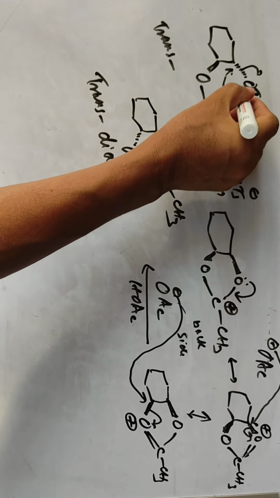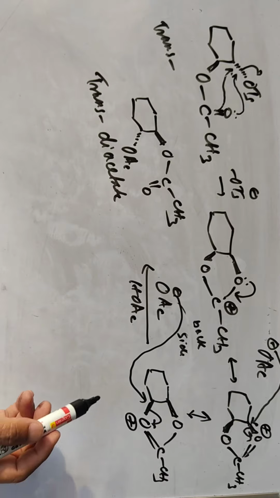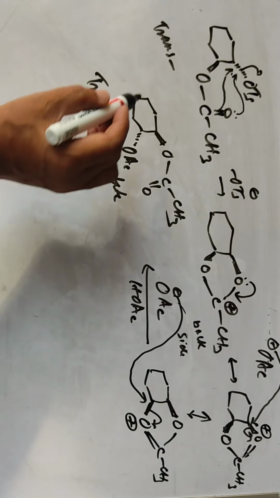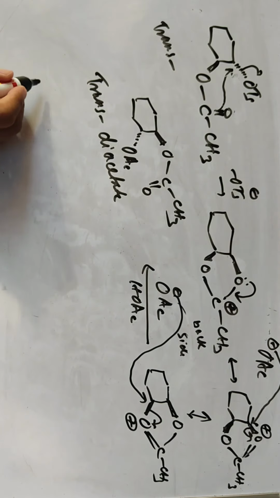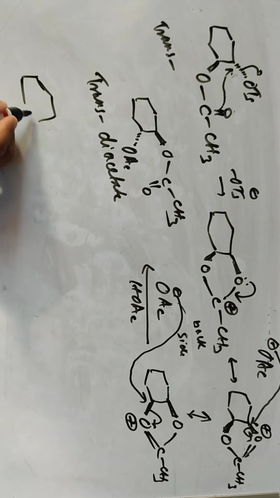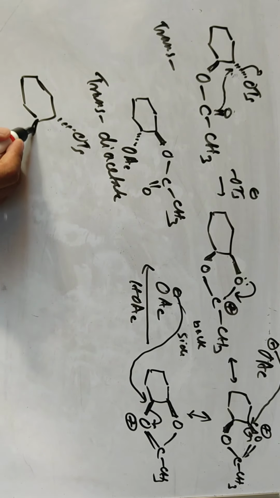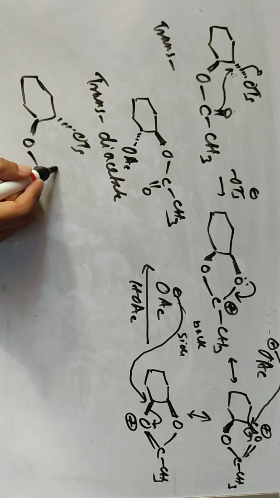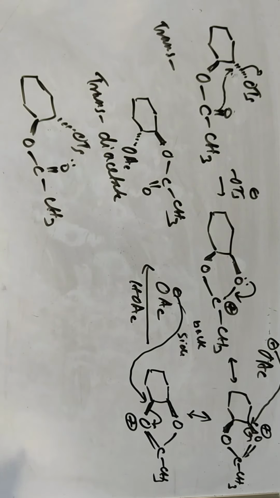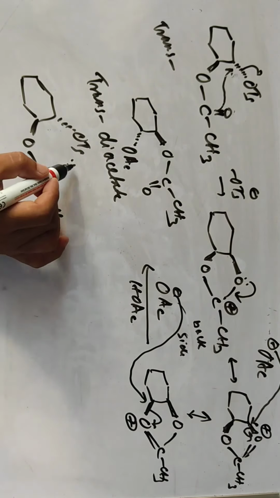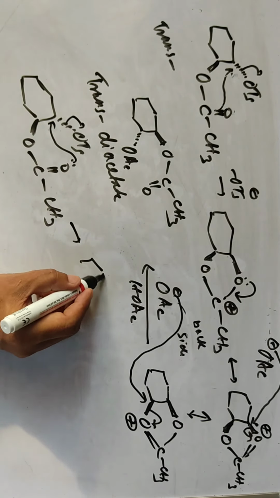Then I'm writing here, the lone pair electrons can take place here also. So here is another mechanism, this one OTs, the leaving group, and then this is the OC double bond OCH3. So you can take lone pair electrons, which can participate as a neighboring group like this, and here this is another intermediate.